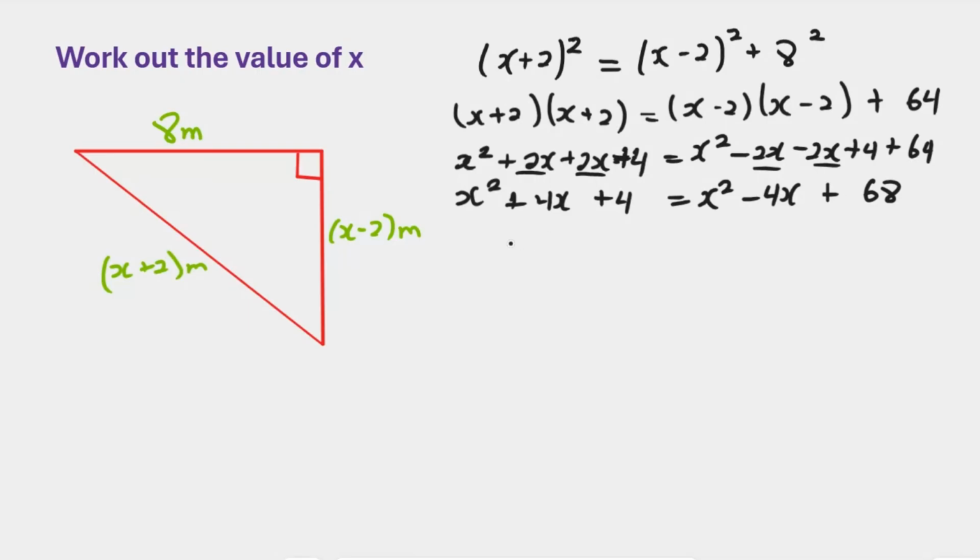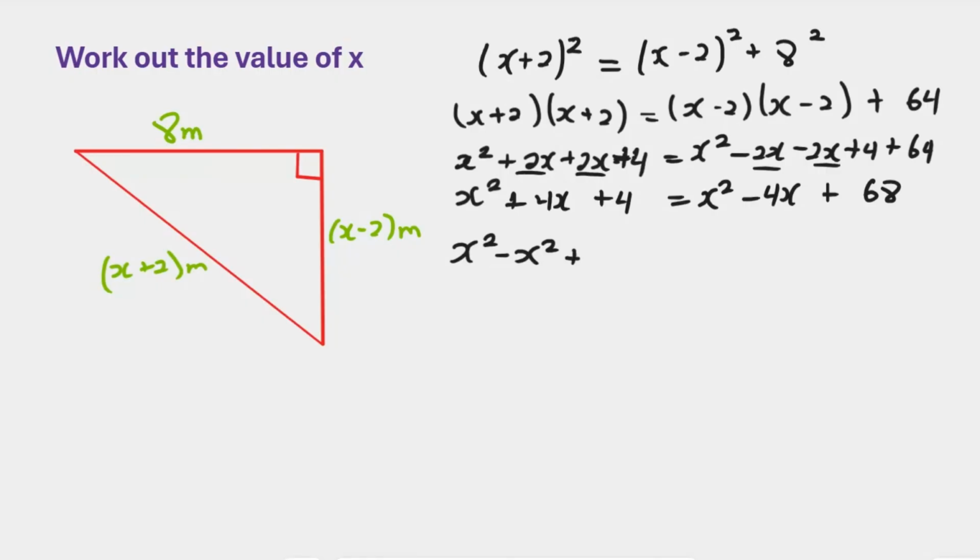We have to group the letters on one side and the numbers on one side. So I'm going to group all the letters on the left hand side, this side, and I'll bring the numbers to this side. So I have to take x squared to this side, and that's going to be x squared minus x squared. So I've taken this one to this side.